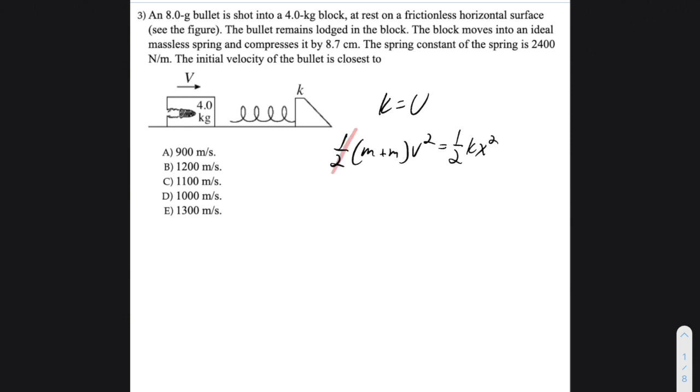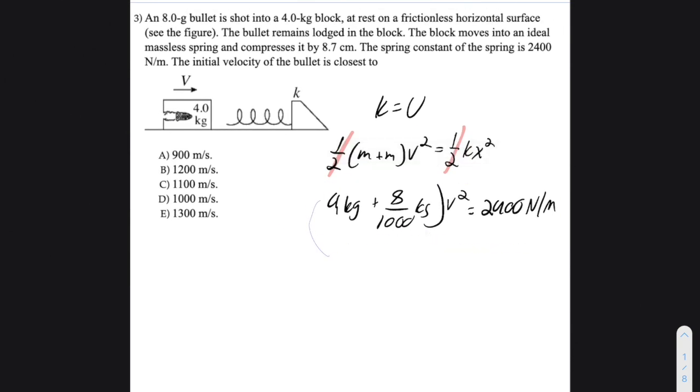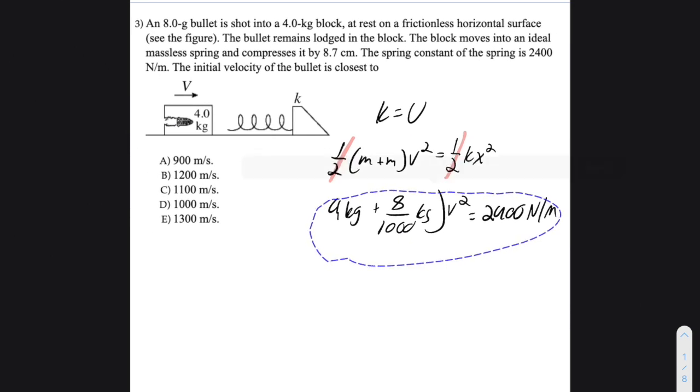Now initial kinetic energy will be equal to half M plus small m times V squared, where capital M is the mass of the block, and small m is the mass of the bullet. And V is the velocity just before striking the spring, and the potential energy of the spring is half k x squared. Here, x is the maximum compression of 8.7 centimeters, where the system has zero speed, so the half cancels out, and now we can put in the values.